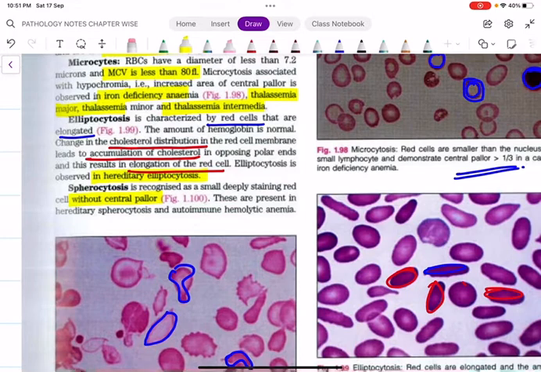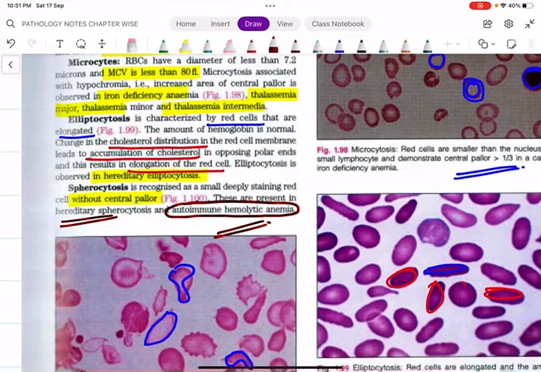Yes, it's right. I'm not telling that it's wrong, but remember, spherocytosis is a more specific peripheral smear finding of autoimmune hemolytic anemia. That means in hereditary spherocytosis, spherocytes will be present, and in autoimmune hemolytic anemia also, spherocytes will be present. But in which condition are these spherocytes a more specific finding?